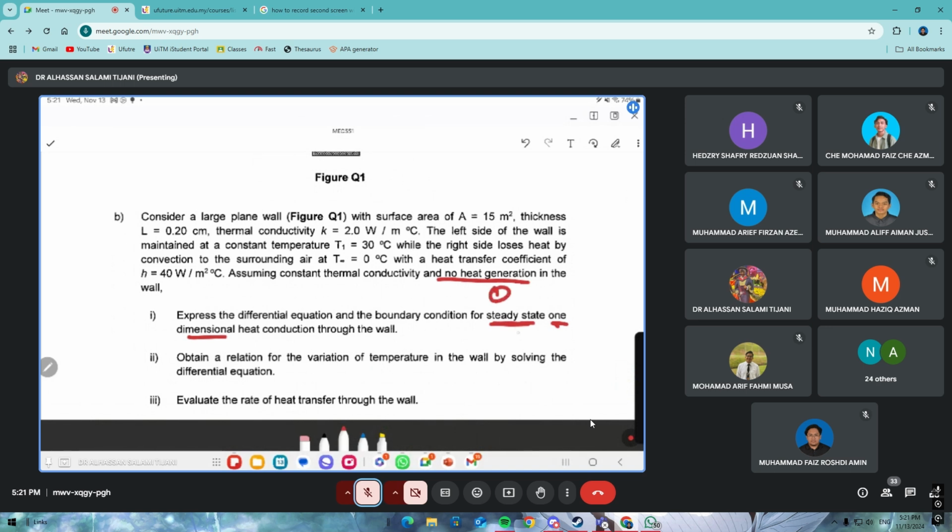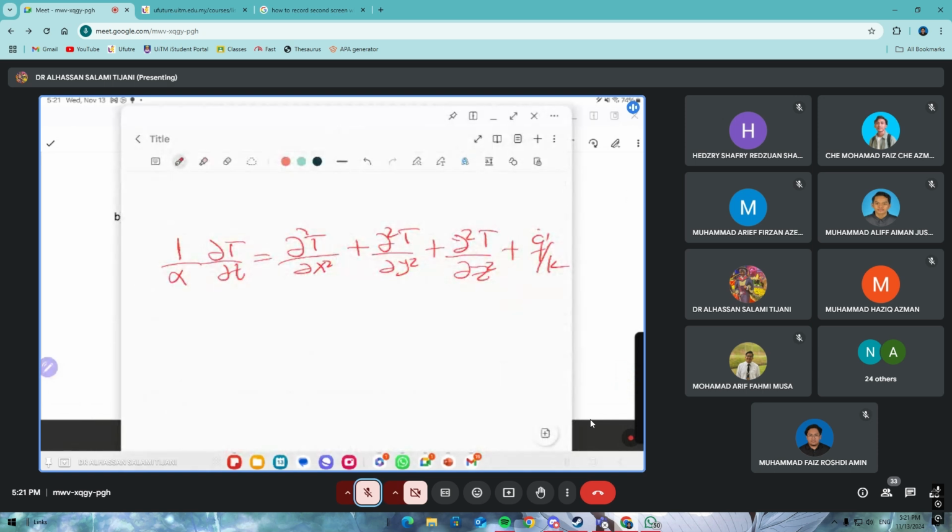So these 1, 2, and 3 conditions are very important. Based on these conditions, we will cancel this. This is steady state condition, so this will be 0, this will be 0, and there is no heat generation. Now we'll be left with the square T over the x squared equals 0.